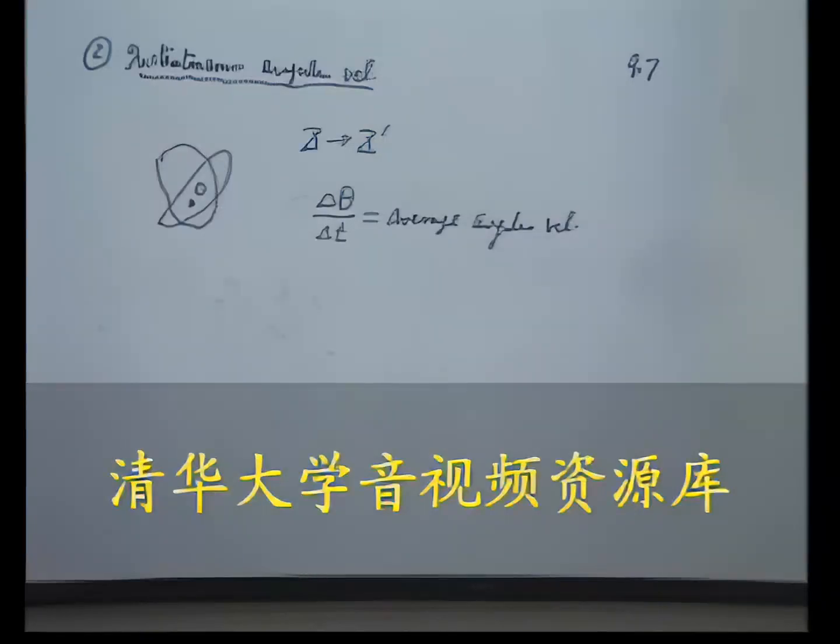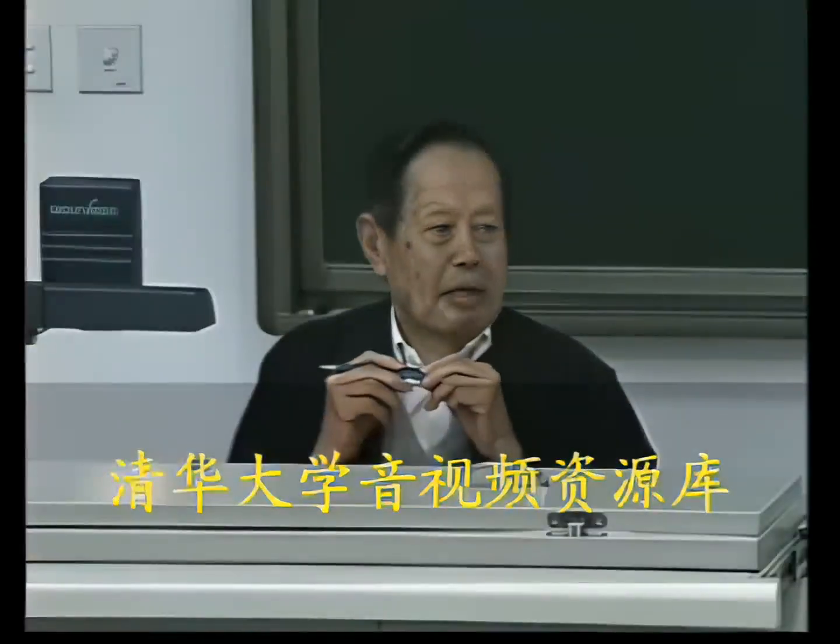Just like a linear velocity. Now I consider a smaller and smaller delta t, just like our definition of the instantaneous linear velocity.